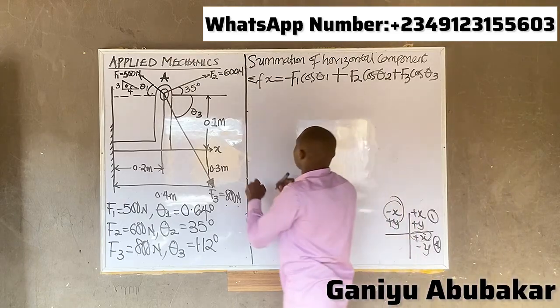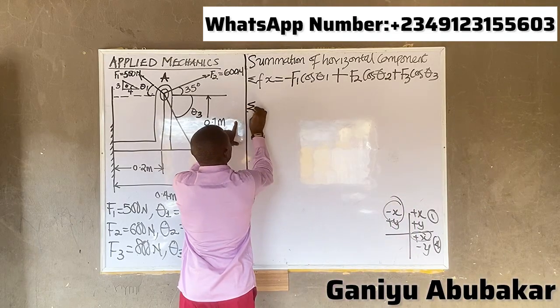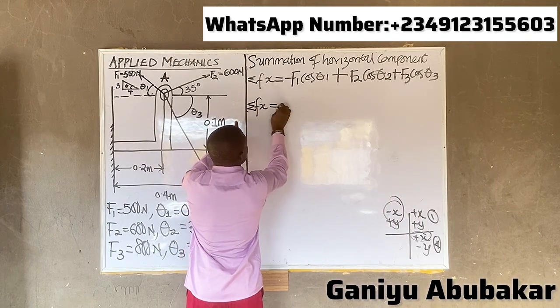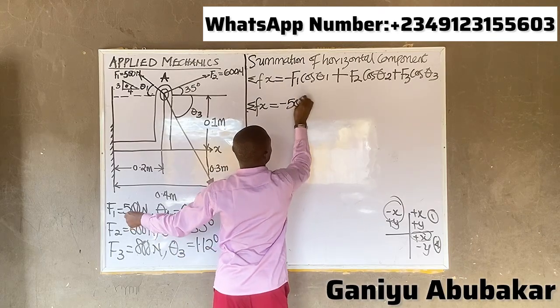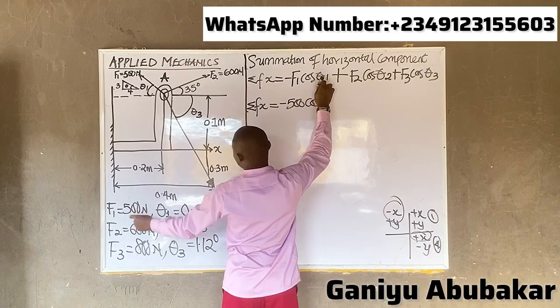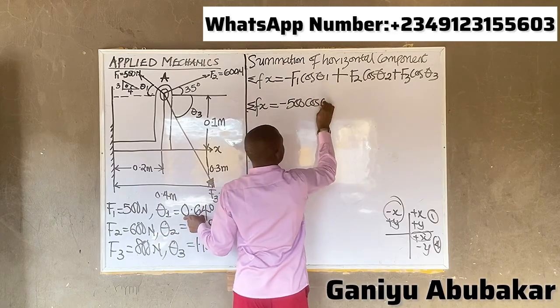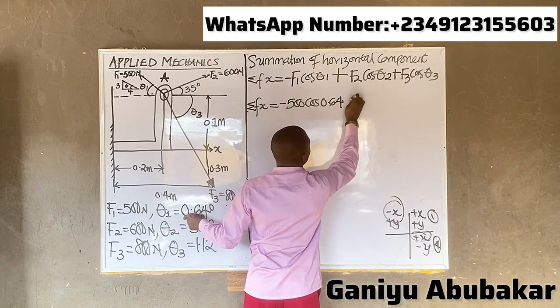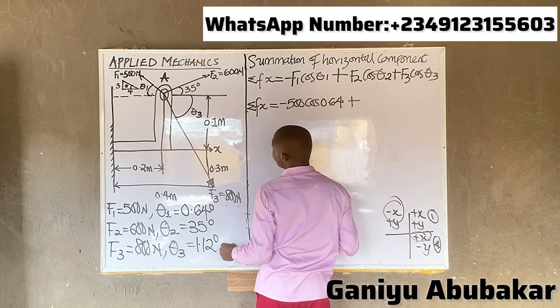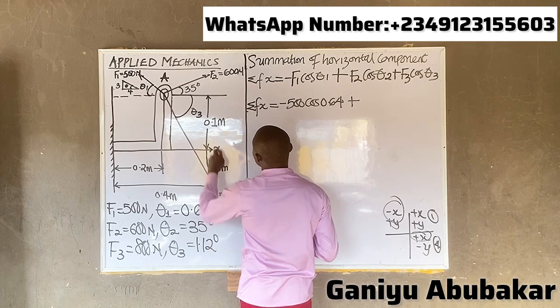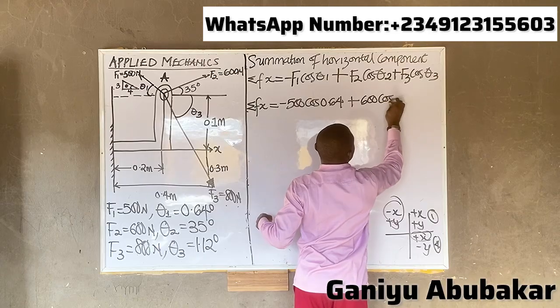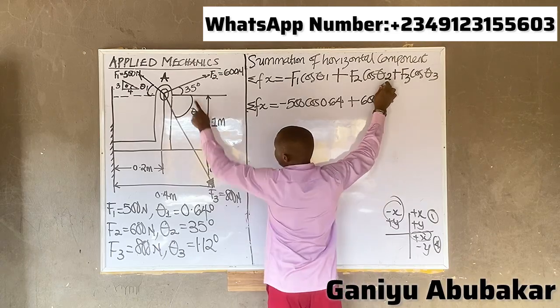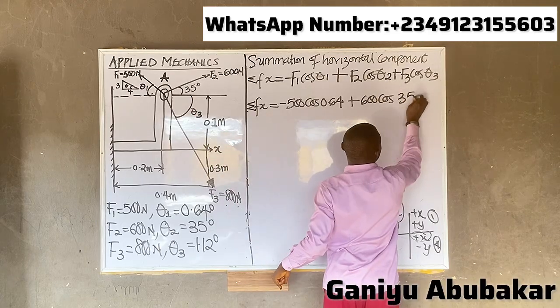Let's put in values, so we'll get the summation of f of x will be equal to negative, what's F1? 500 cos theta 1, which is of course 0.64, plus F2, which is positive, 600 cos theta 2, which is 35.